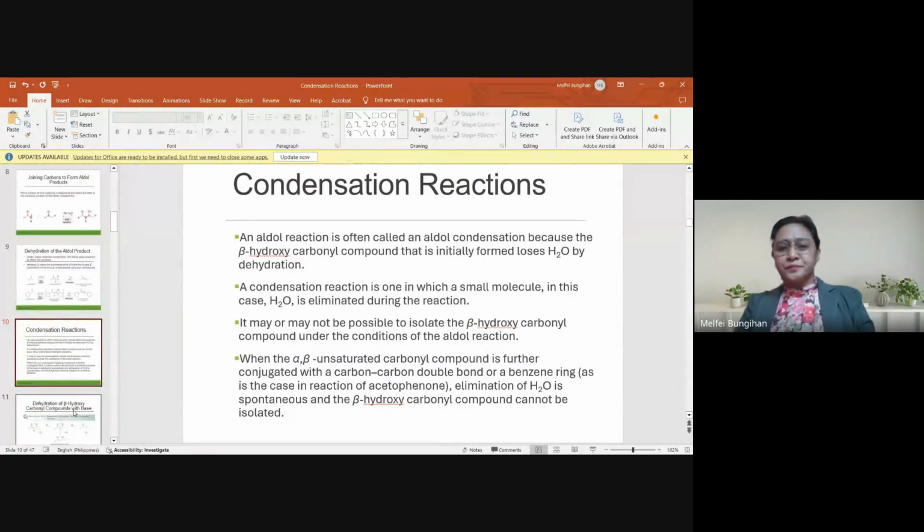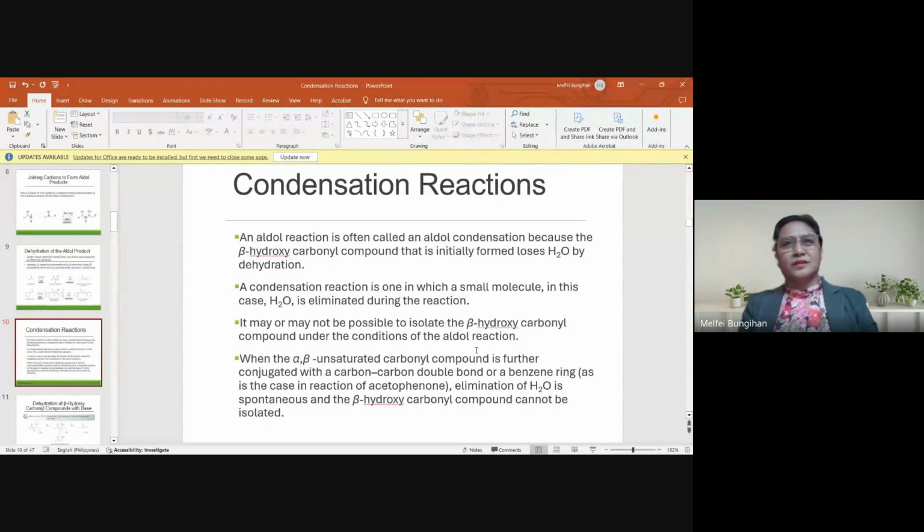An aldol reaction is often called aldol condensation because the beta hydroxycarbonyl compound is initially formed, then loses the water by dehydration. So the loss of water is what we call the condensation process in organic chemistry.